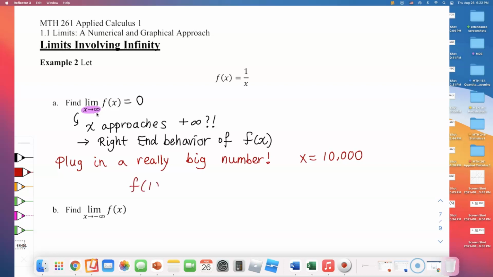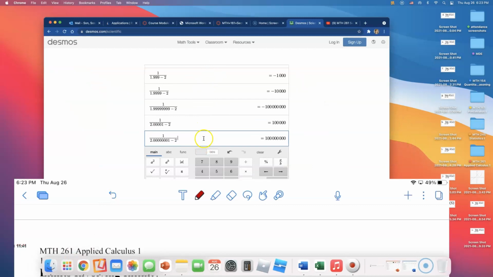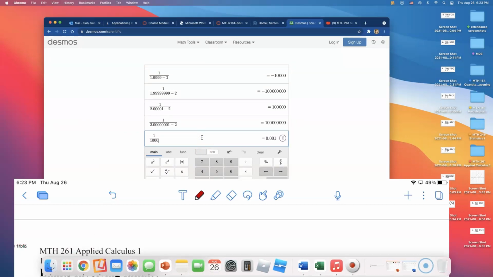f of 10,000 is equal to 1 divided by 10,000. Imagine you have $1 and you're trying to divide this among 10,000 people. Each of them gets like nothing, right? Let me show you. I have my calculator. If I type in 1 divided by 10,000, it's so small that it uses scientific notation.